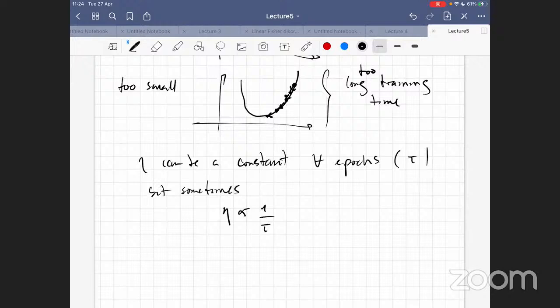So it is something that decreases as you move forward into the training in the iteration of the epoch, right? So this is really a hyperparameter of the model that should be optimized.